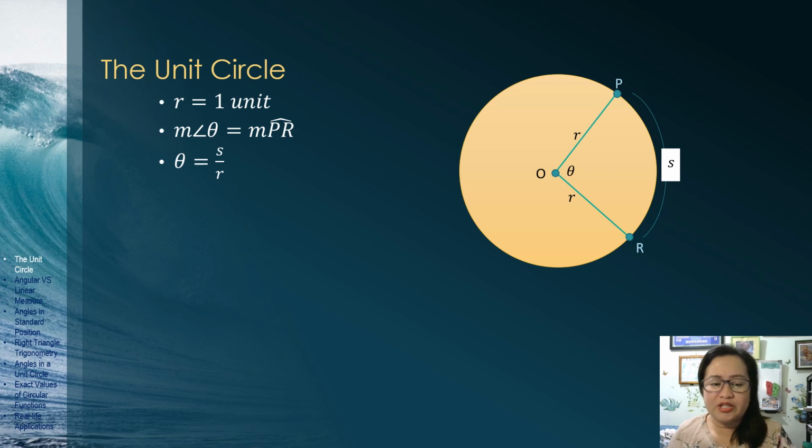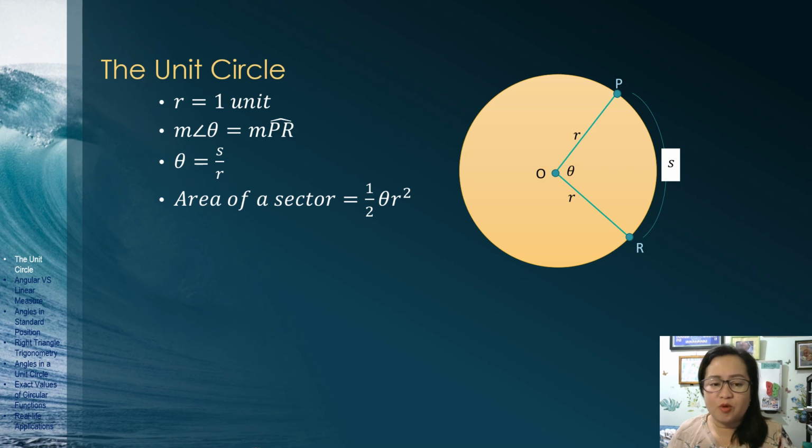Another property or characteristic of a unit circle is that angle theta is equal to the ratio of the measure of the arc divided by the radius. Please be reminded that theta should be in radian measure.